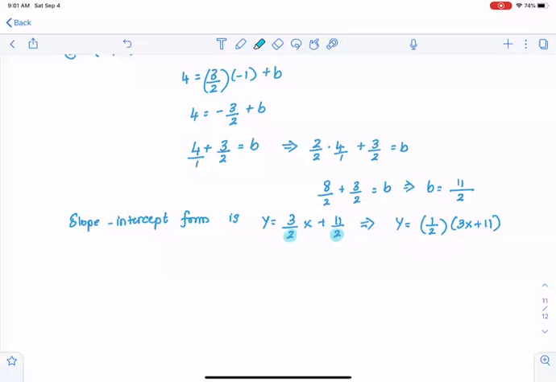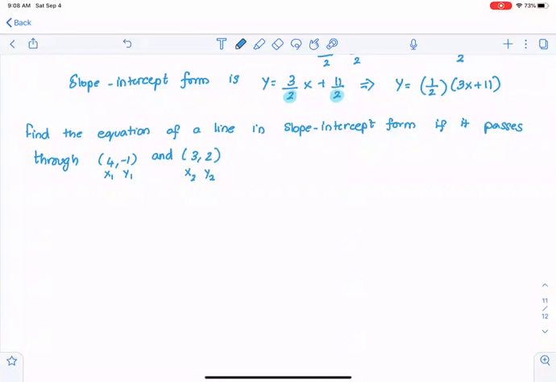Even with -1 and 1 for the y-intercept, it will match up, but you just have to rewrite that 1 to see it. If the denominators don't match, then you made a mistake somewhere.